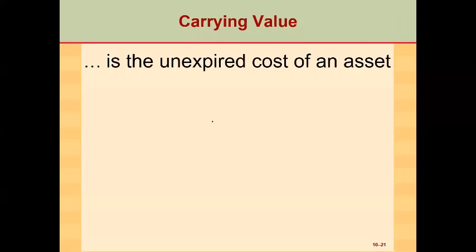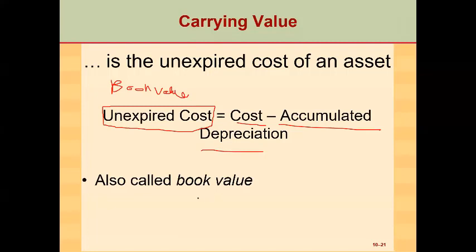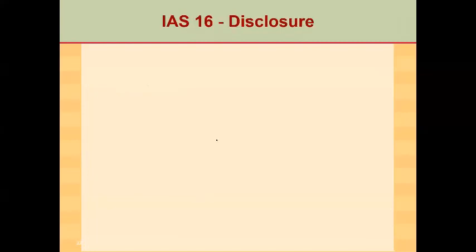What is the carrying value? Carrying value is an unexpired cost of an asset, and we always call it the book value. If you remember, the carrying value is the book value. Cost minus accumulated depreciation, and we call it, as we said, book value.